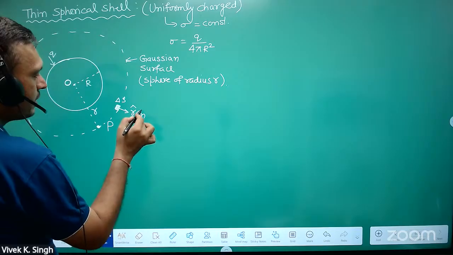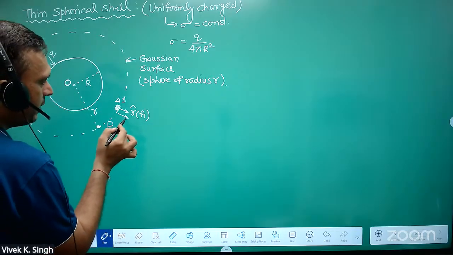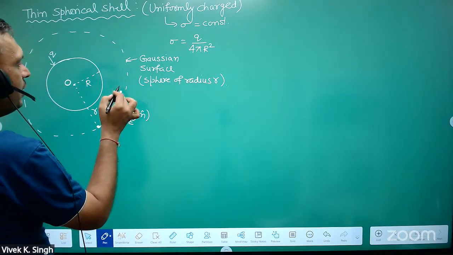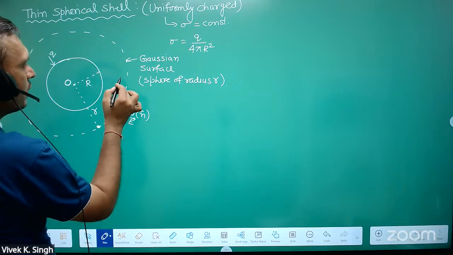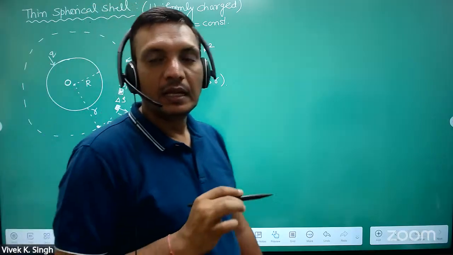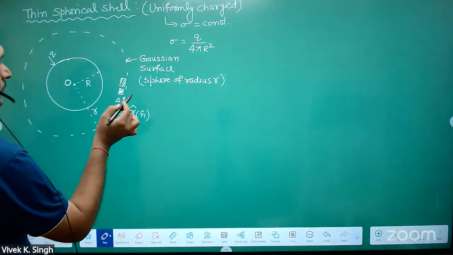And the electric field will also be in the same direction, radially outward. At each point, if you consider any elemental area, E and delta S will be in the same direction.